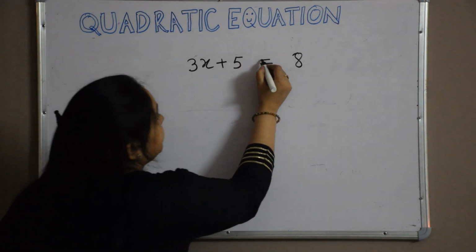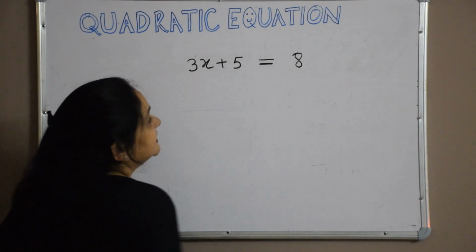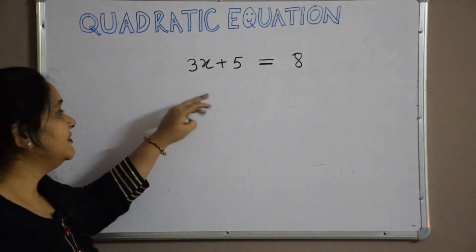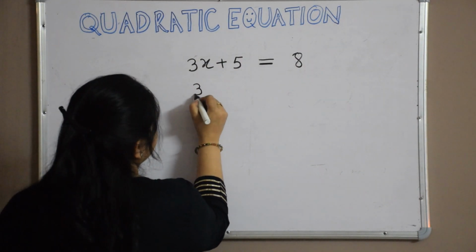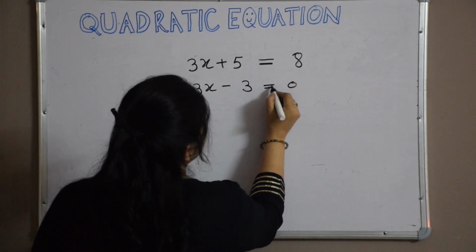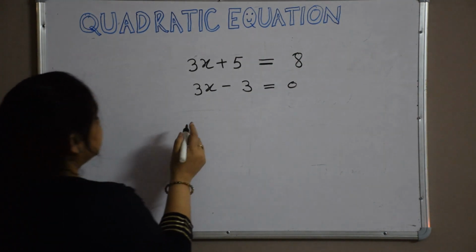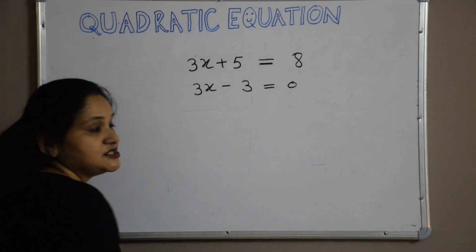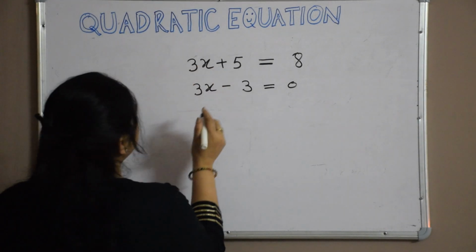Whenever an equality sign comes, a polynomial becomes an equation. Here I can write it like this also, 3x minus 3 is equal to 0. So generally, suppose quadratic means 2. Now I come to the quadratic equation.